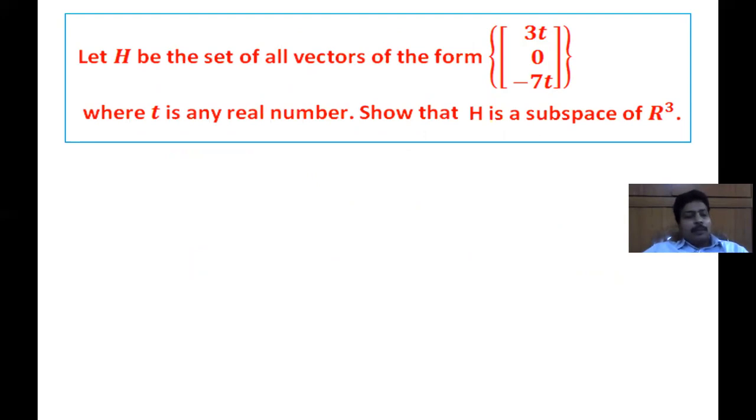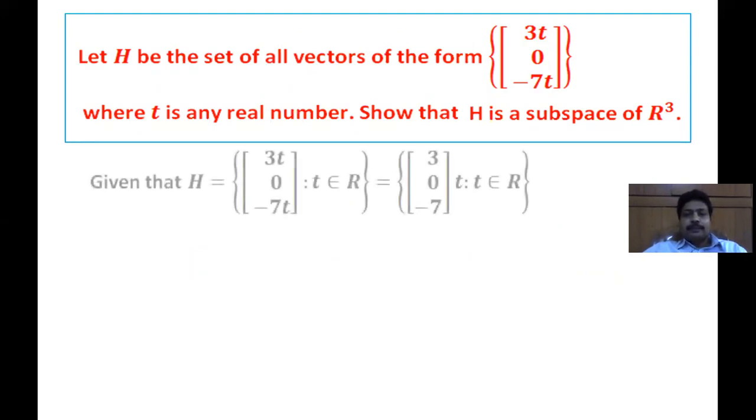Let us move on to one more problem. Let H be the set of all vectors of the form 3t, 0, minus 7t, where t is any real number, so that H is a subspace of R3. So this is the given hypothesis. This can be written in this form. t is taken common again.